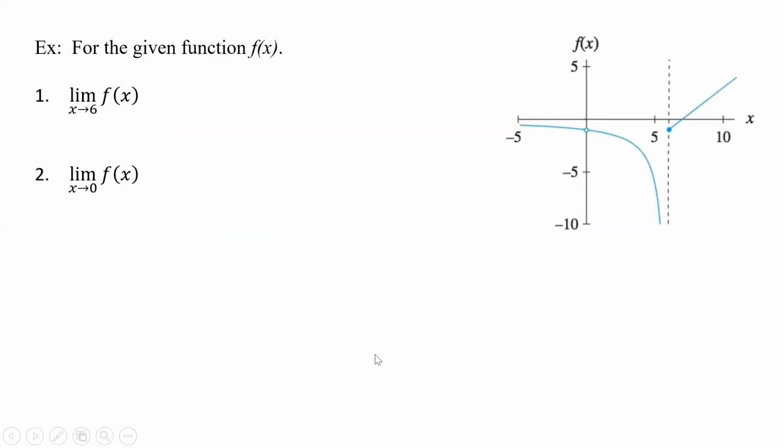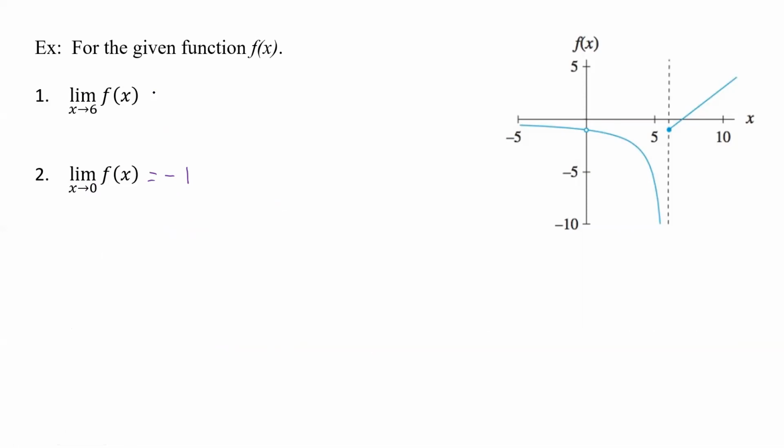So now let's go back to this, and we kind of just answered this one, the limit of f of x as x approaches 0. Well, from the left it equals -1, from the right it equals -1, and so that limit is -1. What about this one? Well, as we approach the 6 from the left, we go to negative infinity. As we approach 6 from the right, we get -1.